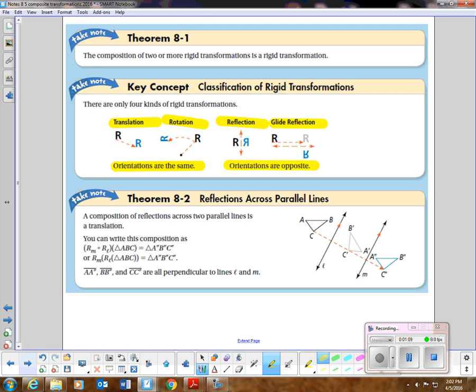So our first theorem here is theorem 8-2, so you want to get that into your notes, and that is the reflection across parallel lines. So if you reflect a figure across, so we have, this is our original figure here. I'm going to highlight that in yellow, all right, and we reflect across this line right here in green, we get this shape right here.